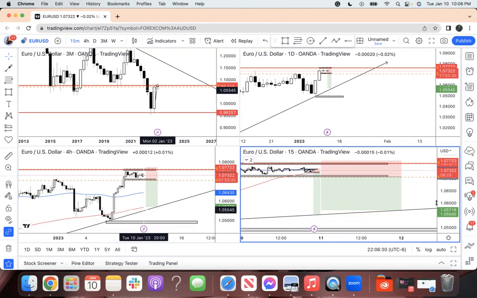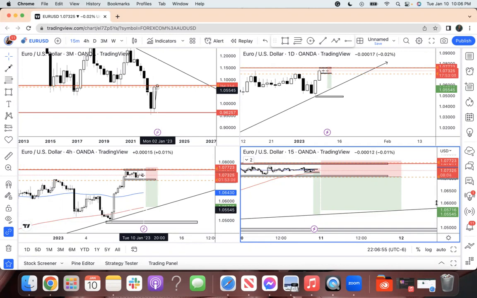You have moved your stop loss into break even, which means that if the trade starts to go in the opposite direction, you are still in profit. You've taken off 50% of the profit. So you are not going to donate your money back to the market that you've already profited.